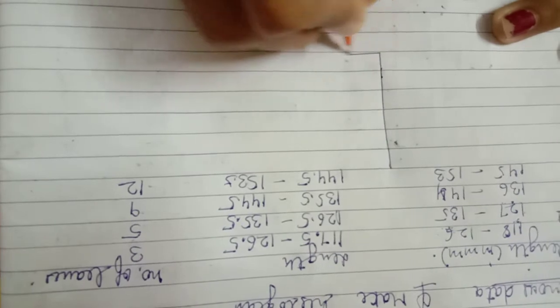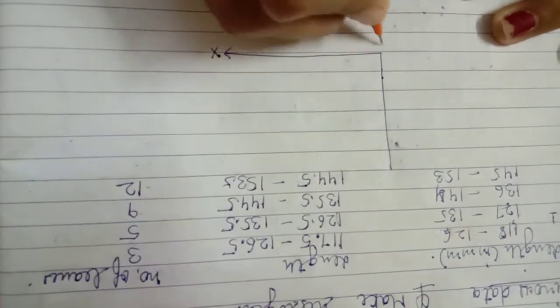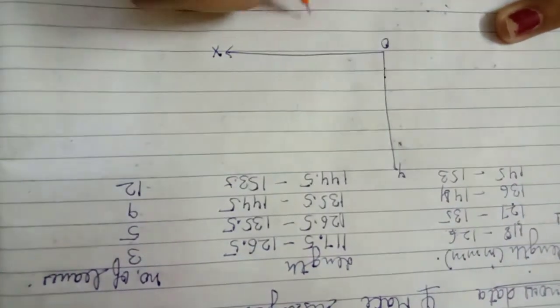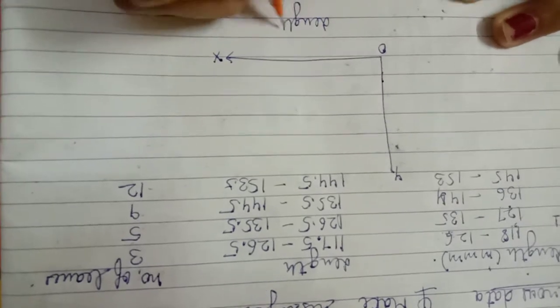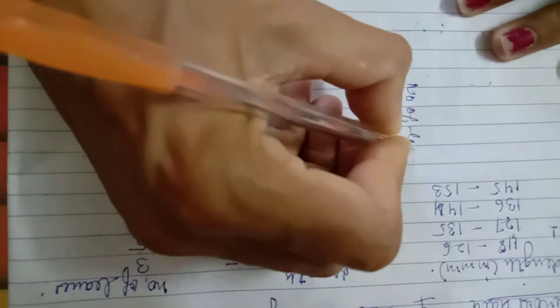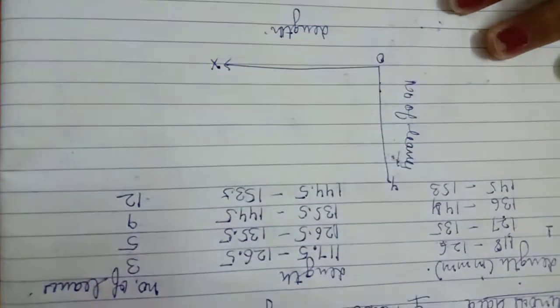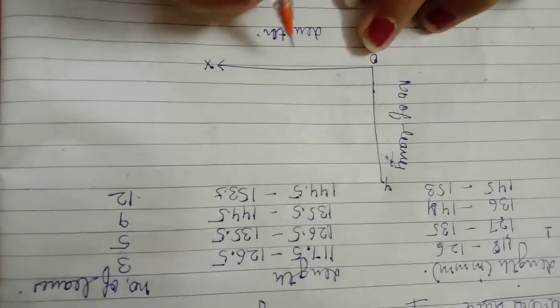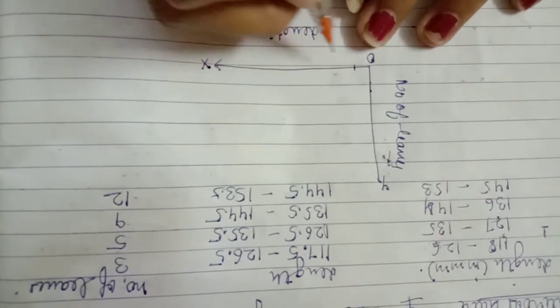I am taking short data. Okay, you have to write length, you have to write number of leaves. Is it okay? See, firstly here we start from this one.